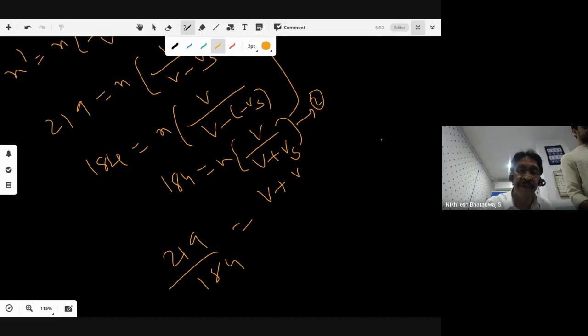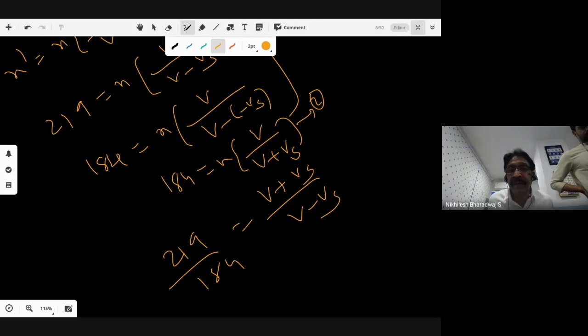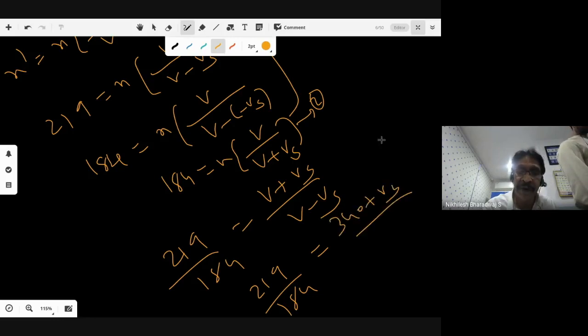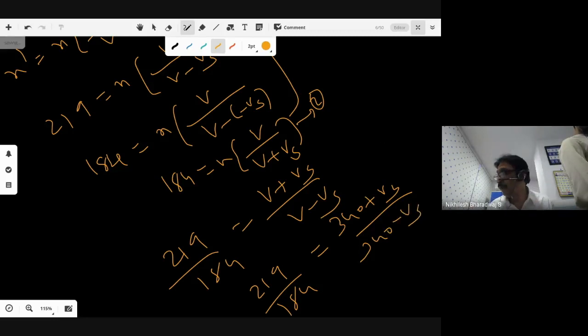You'll get (V plus Vs) by (V minus Vs). Then solve these, you'll get it. V, how much has he given? 219 by 184 is equal to, V has been given as 340. So (340 plus Vs) by (340 minus Vs). You solve it, you will get it.